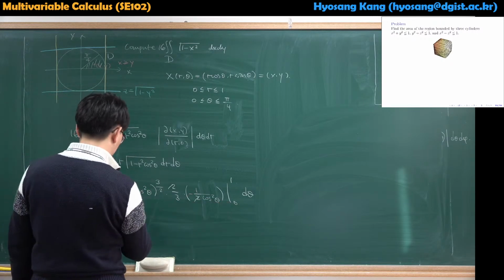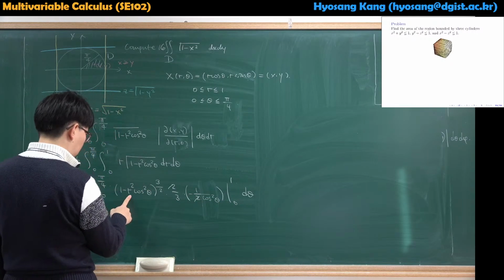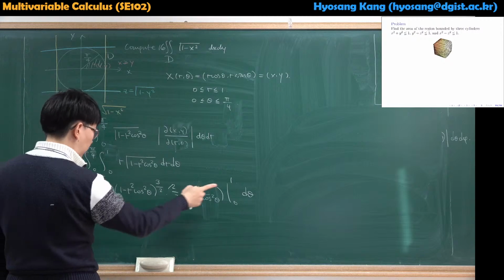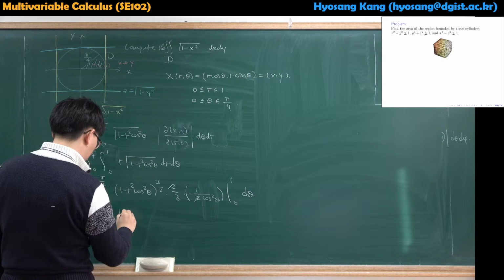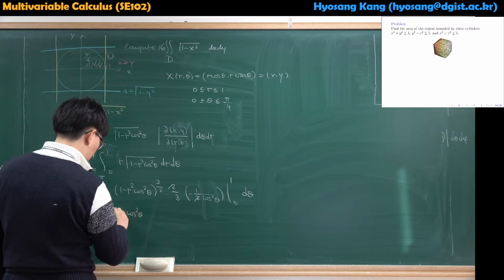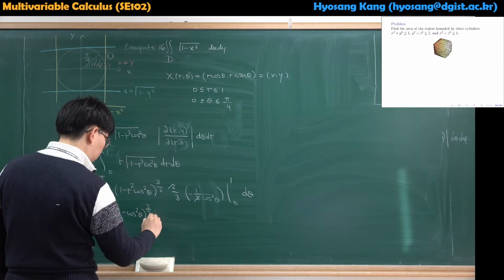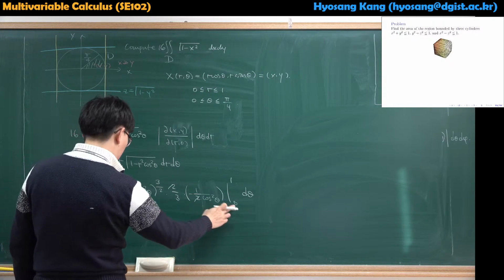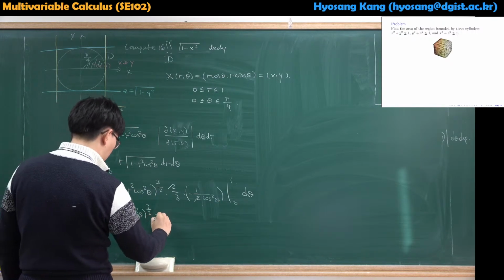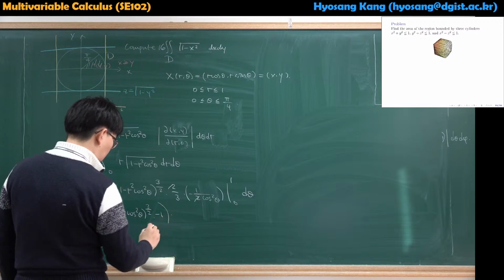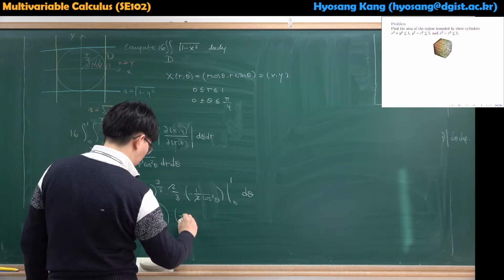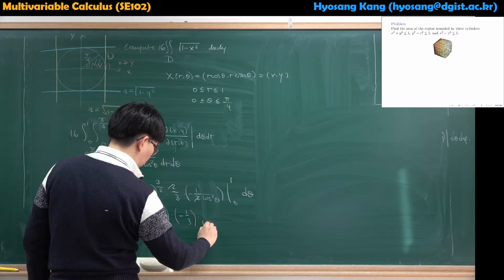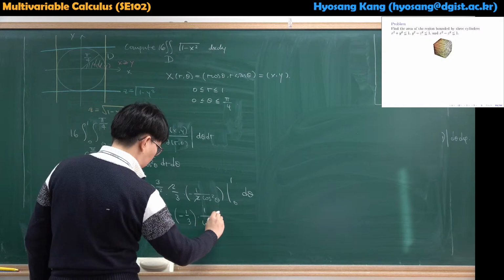When r is 0, so when r is 1, this is 1 minus cosine squared to the 3 over 2. And when r is 0, that's 1, minus 1 over 3 times cosine squared d theta.